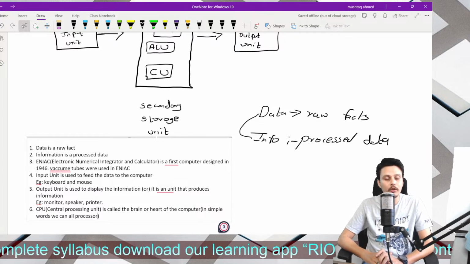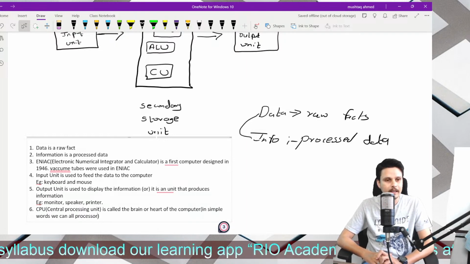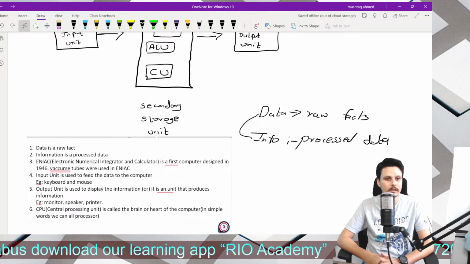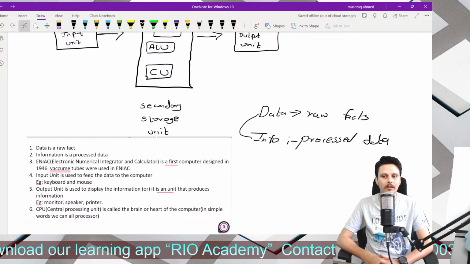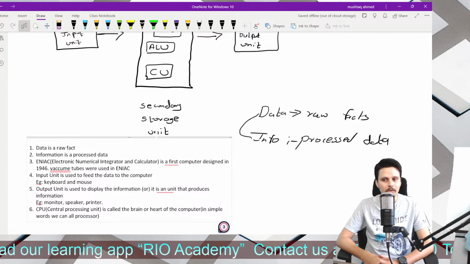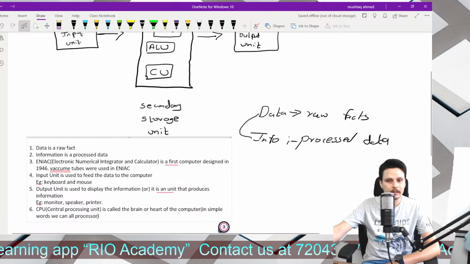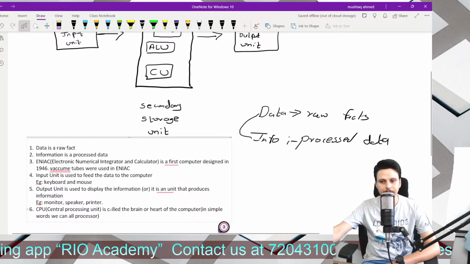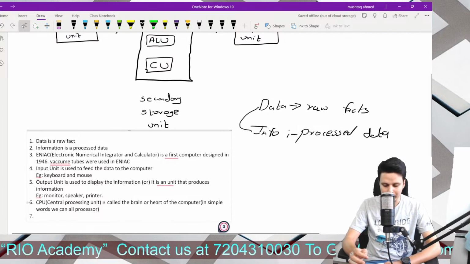If you have an option of processor, for example, you may get four options like input unit, output unit, processor, and something like a motherboard, which is the brain of the computer. So the right answer is processor. Another name for processor is central processing unit. Next one is memory unit.